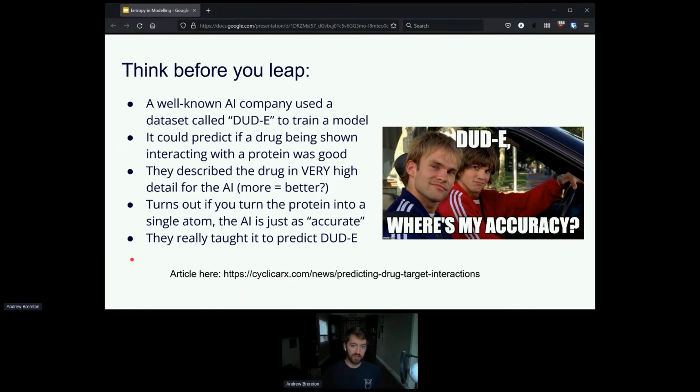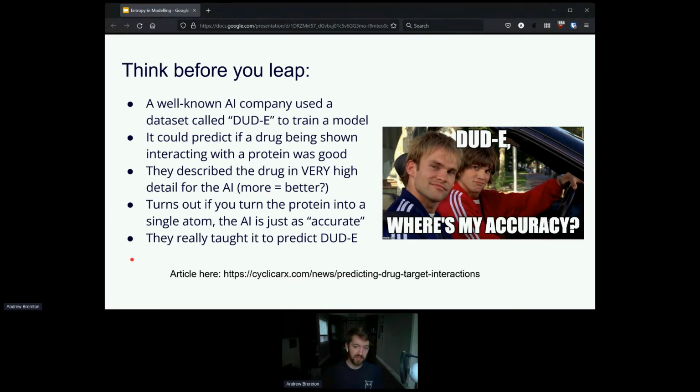What this model was supposed to be doing was predicting if a drug that was being shown interacting with a protein was good, basically whether that interaction was valid or not. So that's what the model is predicting. It looks at a conformation that it's seeing, and then it says, I think this conformation is valid, or I think this conformation is not valid.